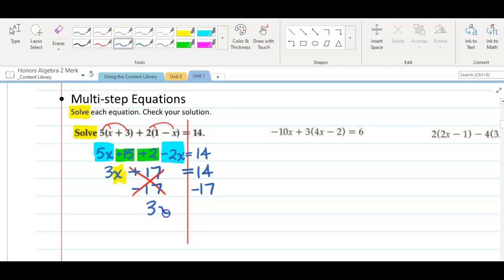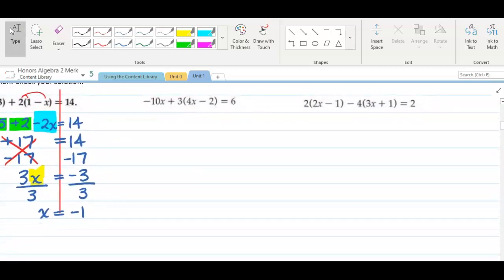Now I'm left with 3x equals negative 3. I still don't have x by itself because of this 3. 3 is attached to the x through multiplication, so the only way to get rid of that is to divide. And I'm left with x equals negative 1.